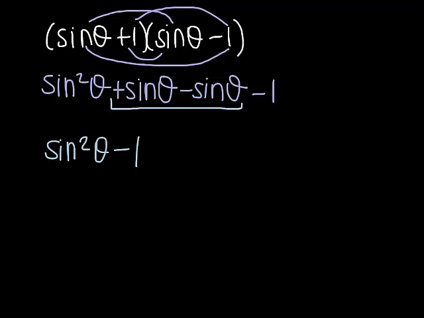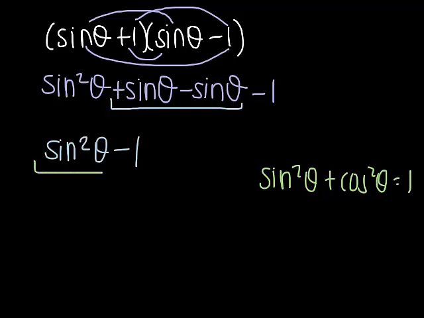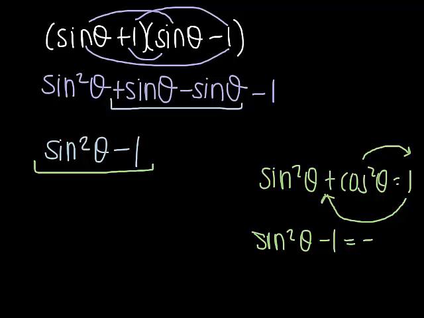Now that kind of looks similar to sine squared plus cosine squared equals 1. Now in this case, sine squared minus 1, that looks a little bit different than what I have over here, but think about it. If I move this 1 to the left and I move the cosine to the right, then I'm going to get that sine squared theta minus 1 equals negative cosine squared.